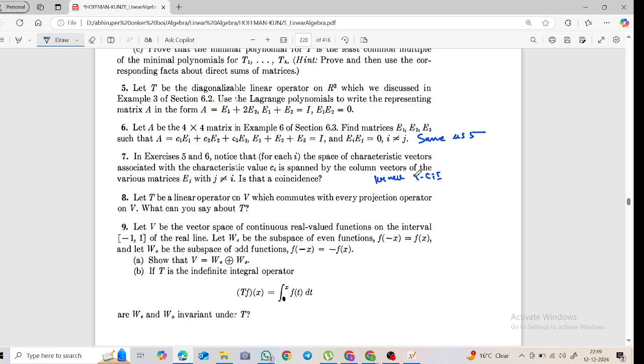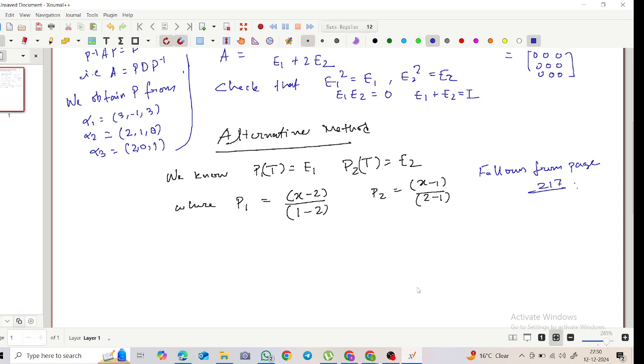Okay, so what was T? T was c1 E1 plus c2 E2 and so on, so T is c1 E1 plus up to ck Ek. Now T minus ci I: write I as the summation of Ej.